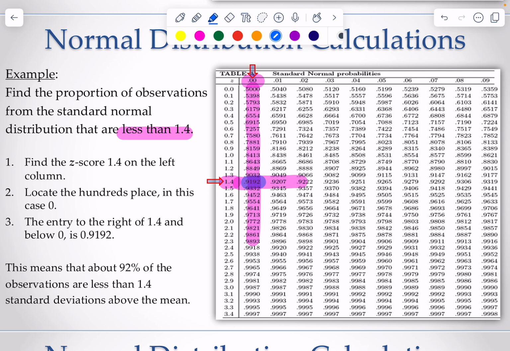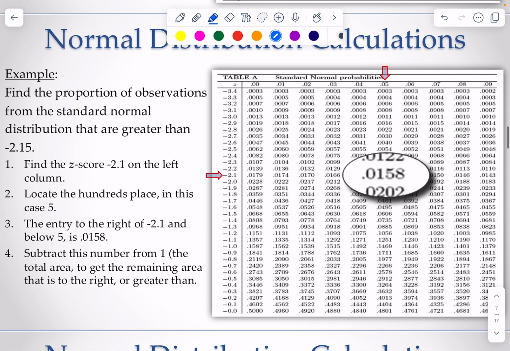And so what this table is telling us is that 91.9% of values are left of that 1.40 standard deviations above the mean. So that's the type of thing that we're going to be looking for, what area is associated with our particular cutoff score.